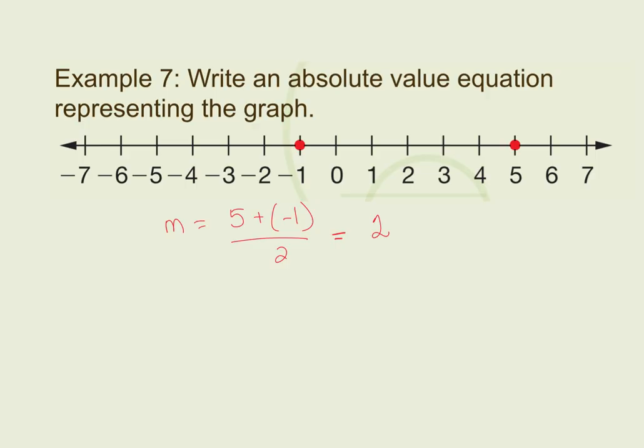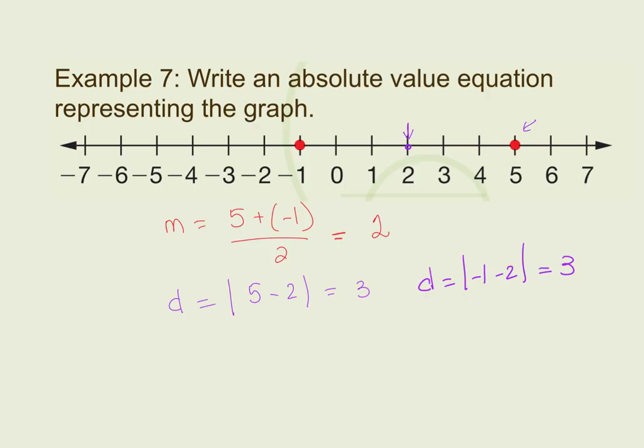Which means that the distance from either given point to that midpoint is going to be the absolute value. Let's say we just take the 5. 5 minus the midpoint of 2, this is where we found the midpoint right here, is going to equal 3. Or if we had done it from negative 1, the distance here would be negative 1 minus 2. That's also 3. All right.